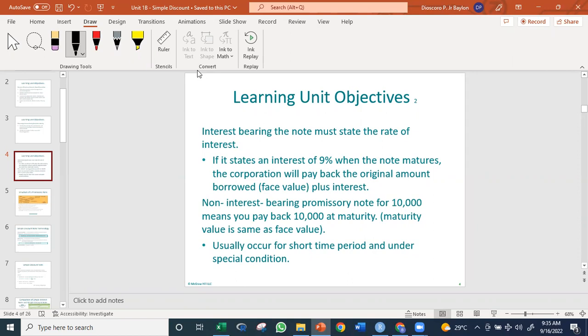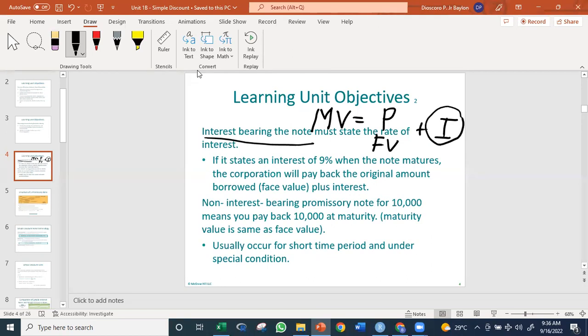Okay, so the formula is the maturity value is equal to the principal, which is also the face value, plus interest, right? For an interest-bearing note, this interest component exists.